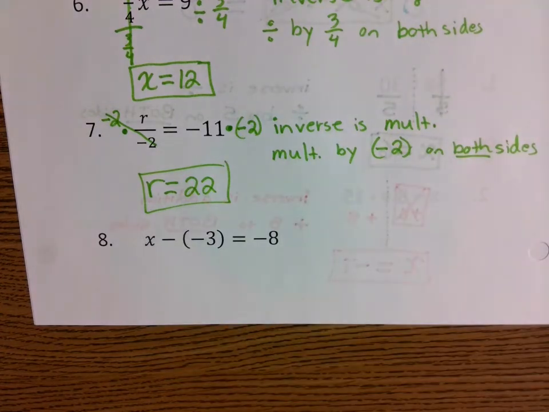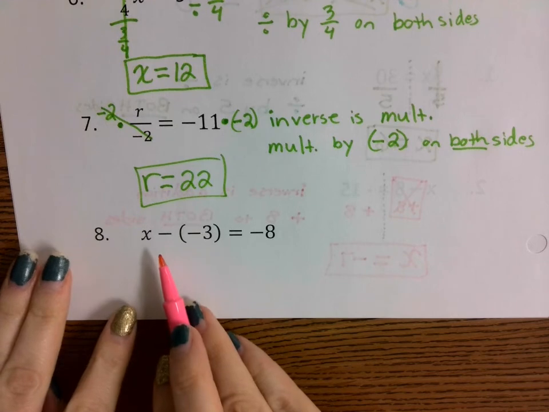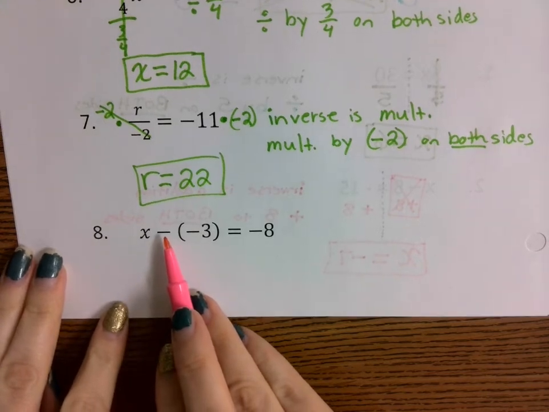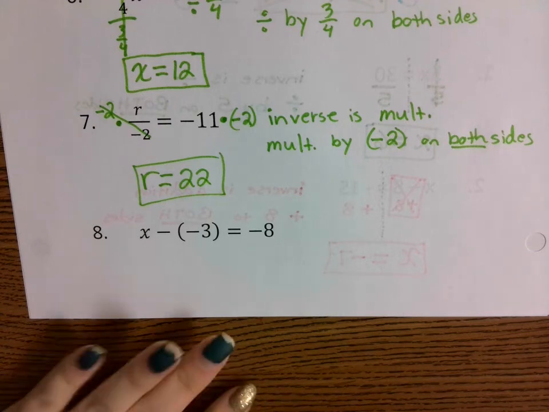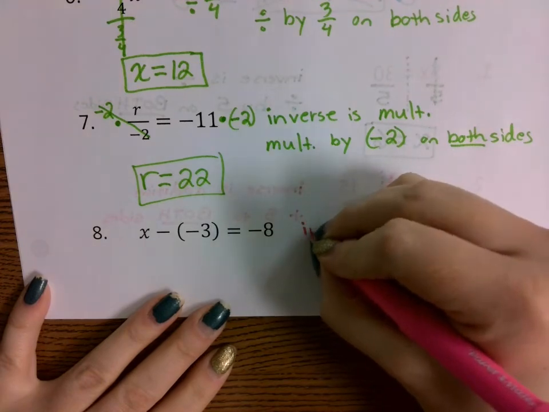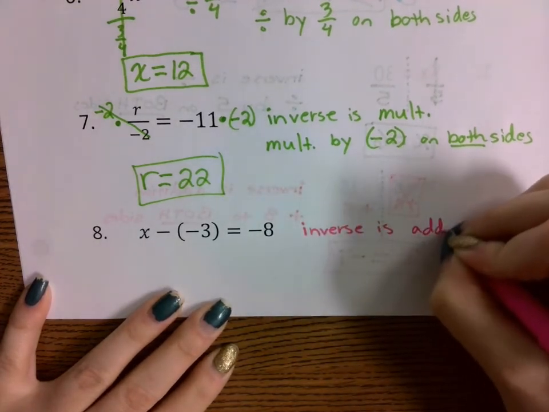It's going to be a -11. Right now, what operation do we see? Subtraction. The operation is currently subtraction. What is the inverse of subtraction? Addition. Our inverse is addition.